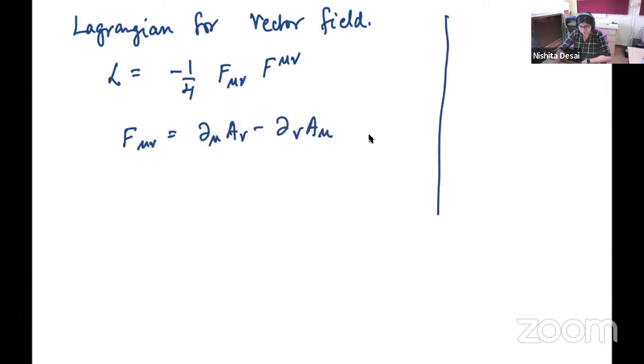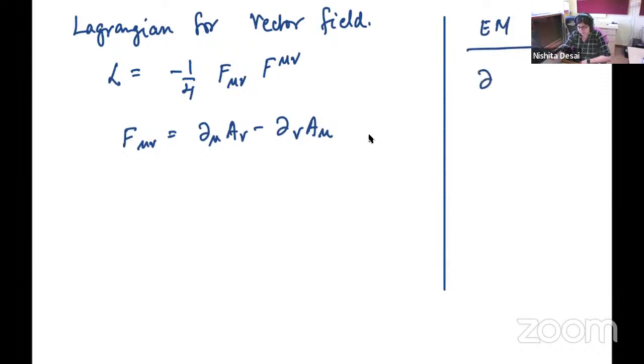Okay? So if you remember your EM course, then you will probably have seen these equations before, right? So you have equations like this, and so on, right? So you have Maxwell's equations that you can derive from these.